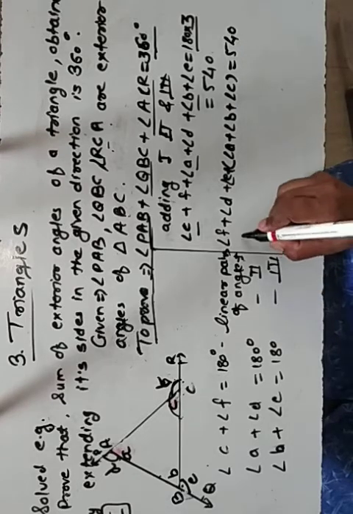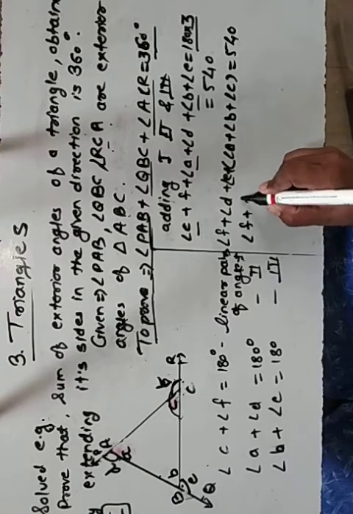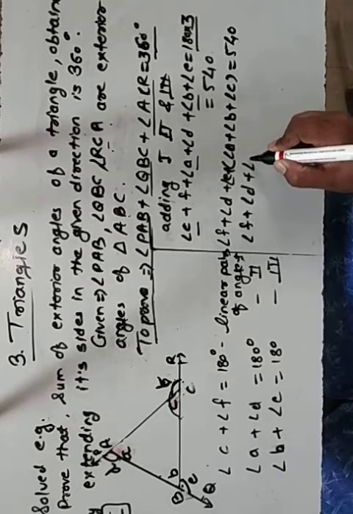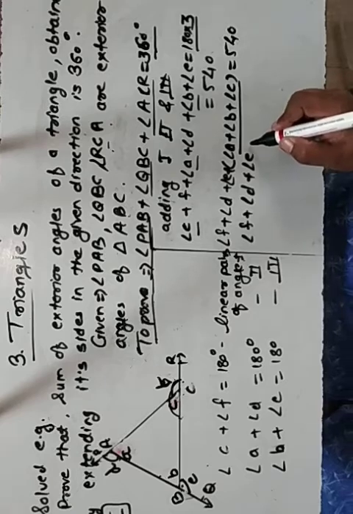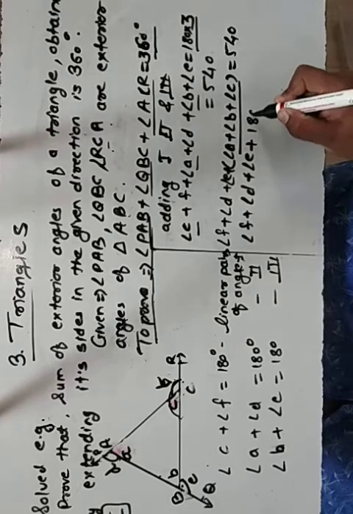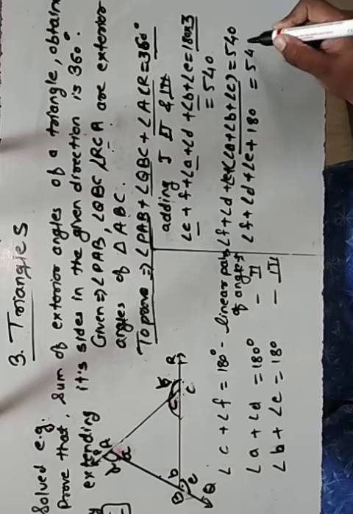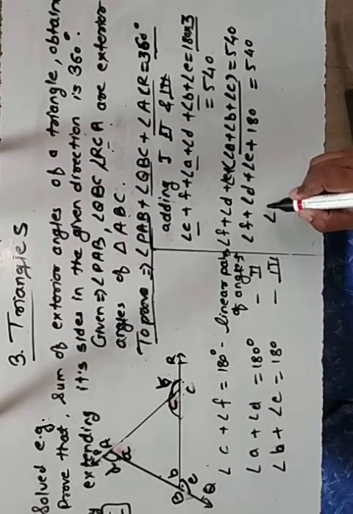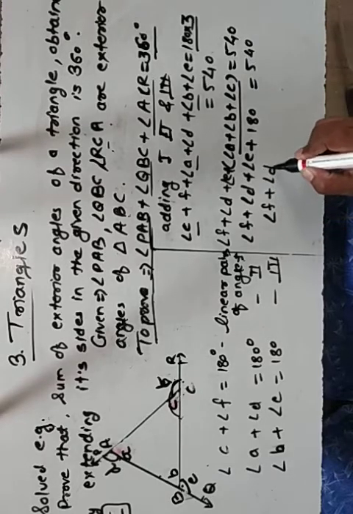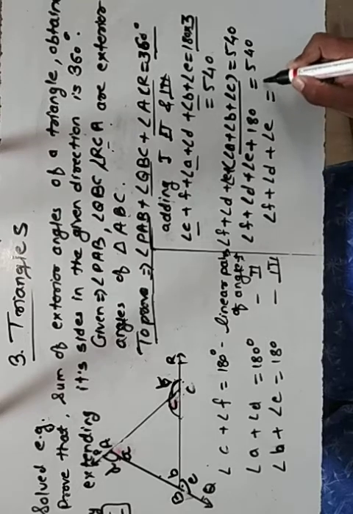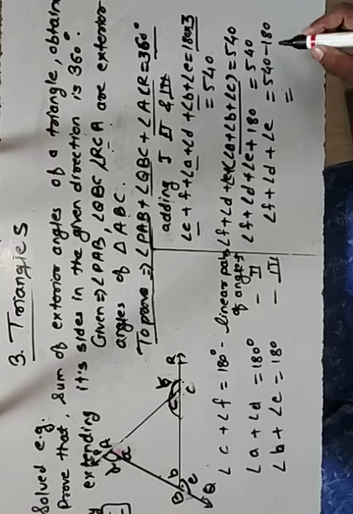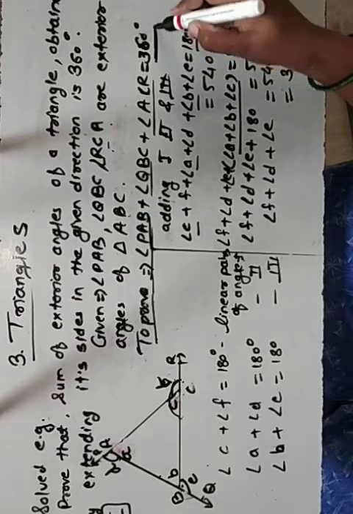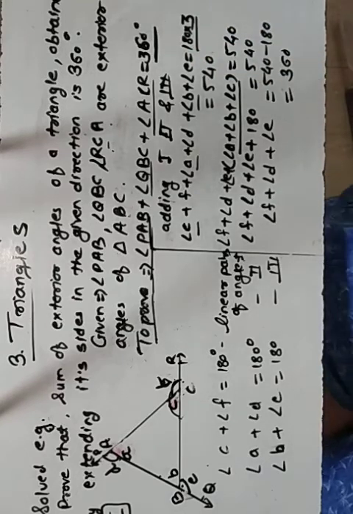Now the interior angles of a triangle sum to how much? 180 degrees, and here it is 540. So F plus angle D plus angle E is equal to 540 minus 180, and the subtraction is 360. Here I told you 360 the first time, where I had made a mistake, so all of you correct it.